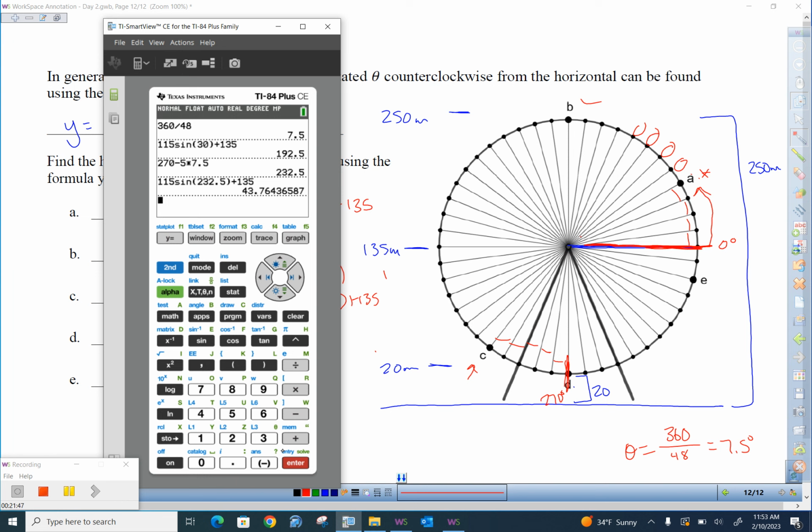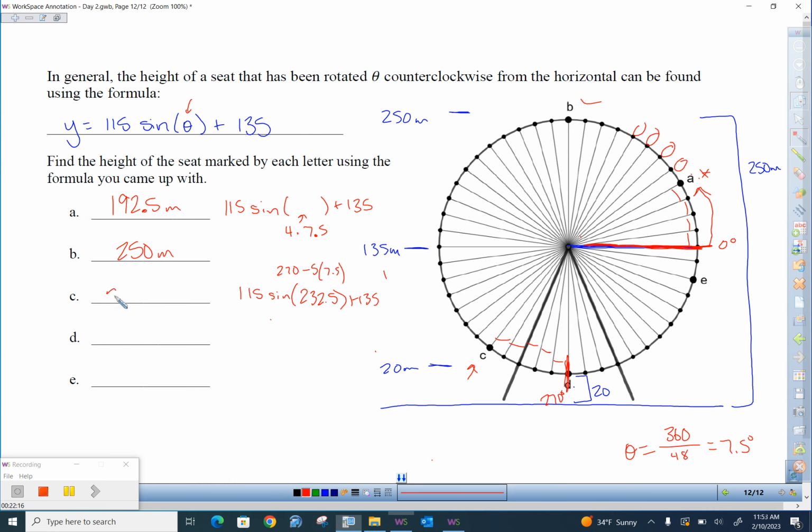And that gets us a height that we hope is reasonable. So 20 is here. 43.76-ish does not seem unreasonable because it's quite a bit closer to 20 versus that 135. Okay, so I'm going to call that about 44 meters. I don't care what you round to, but I would like you to indicate that you rounded. Make sure all of these get labels.